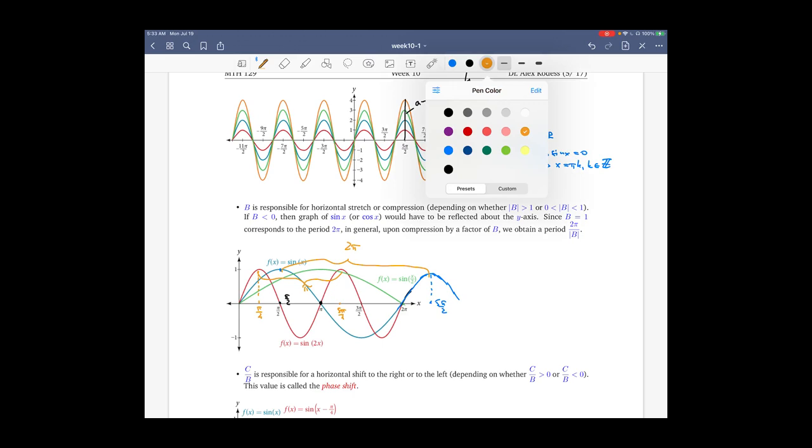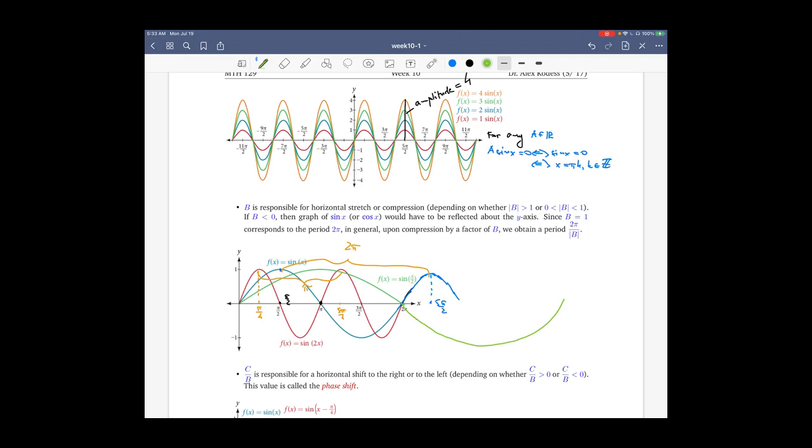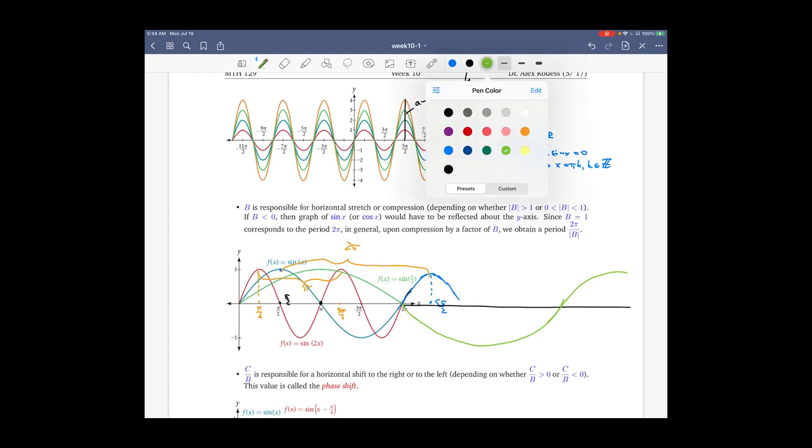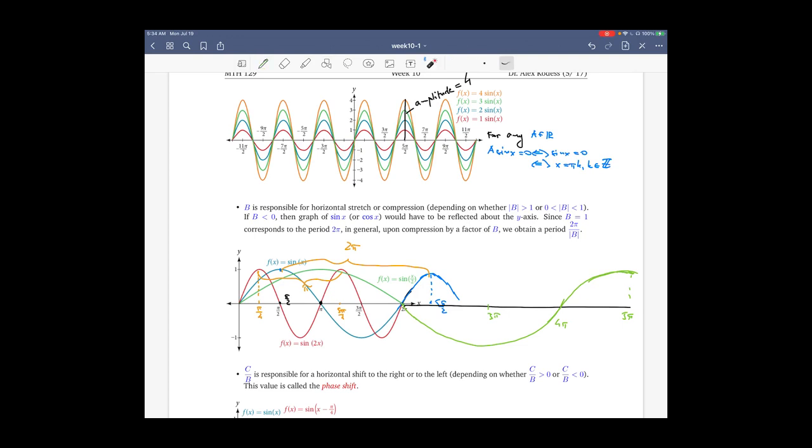If I were to continue the green curve, I would get something like this. So if this is, say, pi and this here is 5 pi, we see that the distance between two consecutive peaks, this distance, for the green curve is from pi to 5 pi, which is 4 pi.